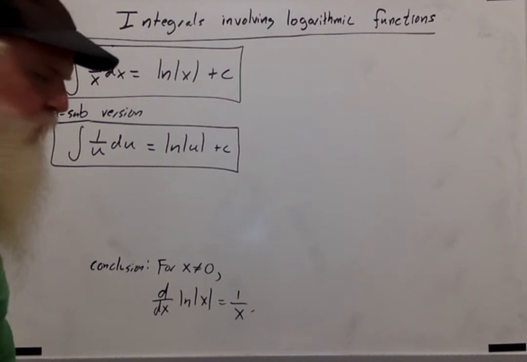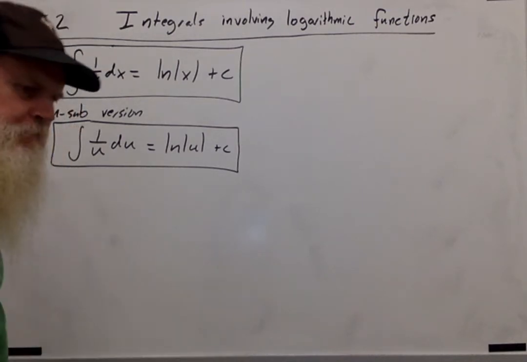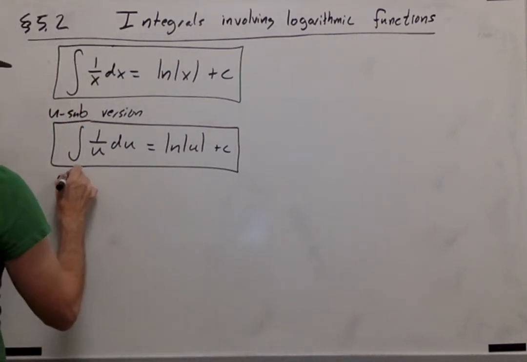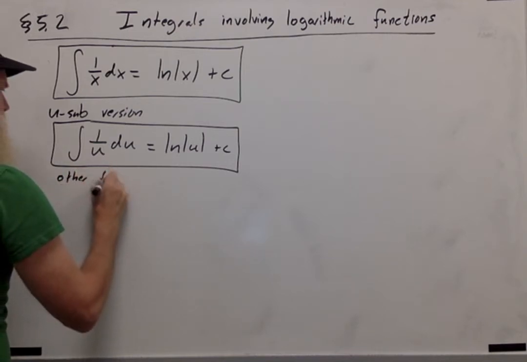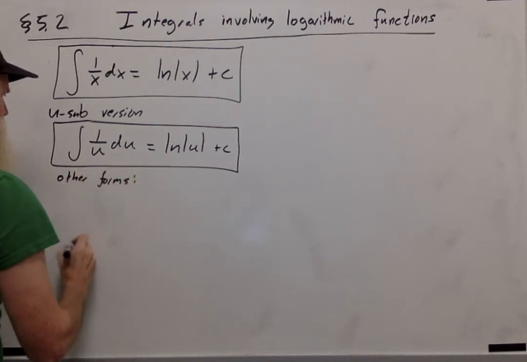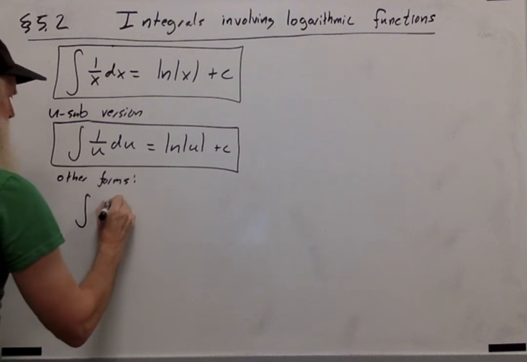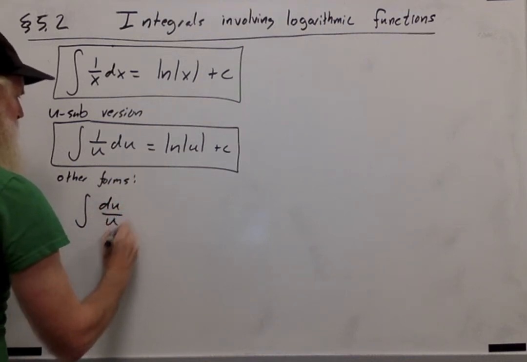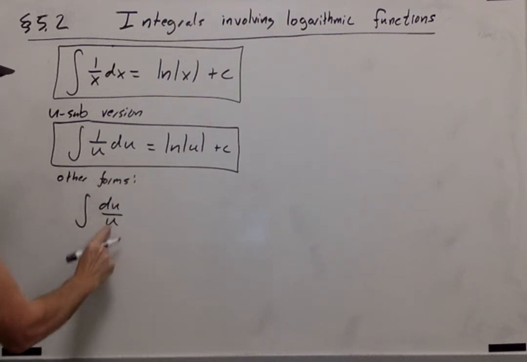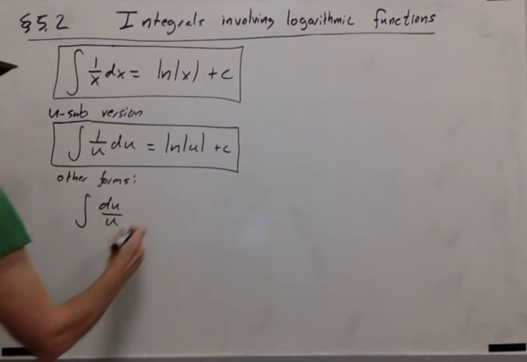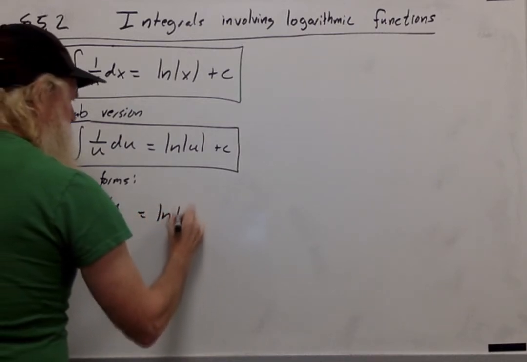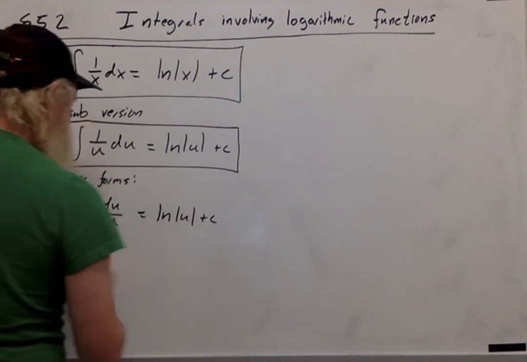But there are also some other forms that you might see this in. One is when you just simply see the du written on top. Instead of writing 1 over u du, you sometimes see integral du over u. That doesn't change anything.